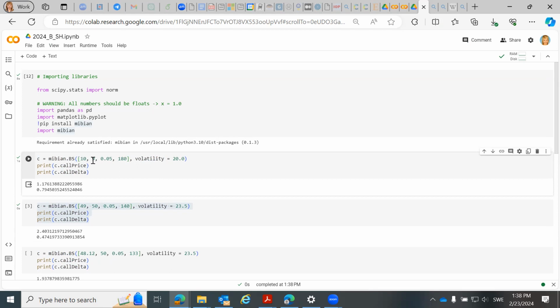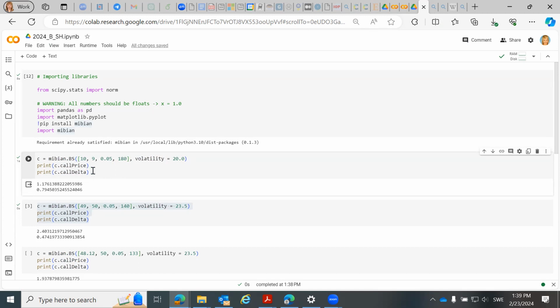It is the strike price 9. It is the interest rate 5%, and half a year, in this formula it is in days. So half a year maybe 180 days. I don't know exactly, but okay. And volatility 20%.